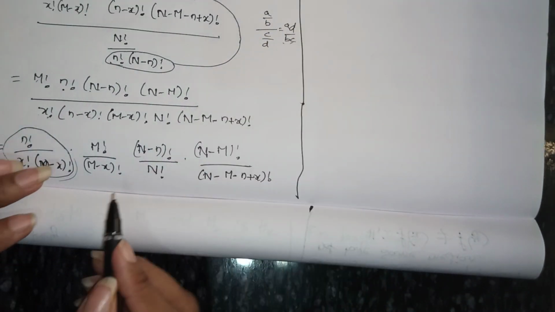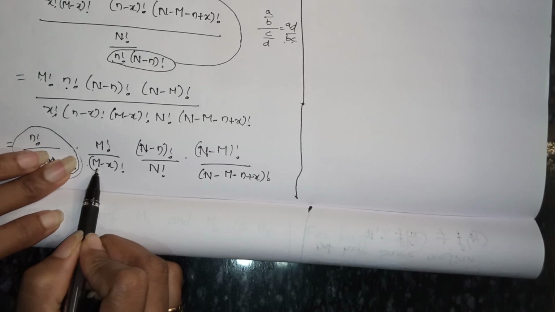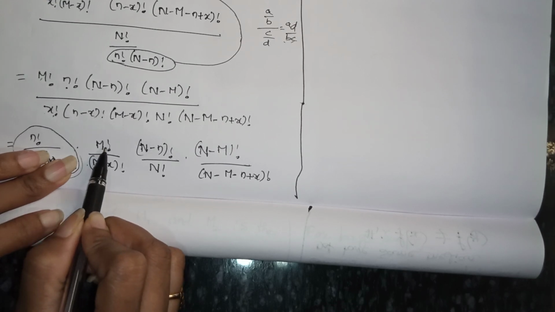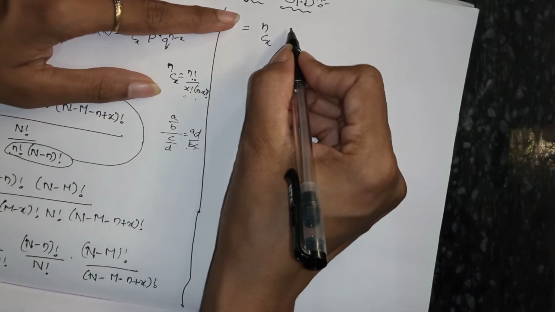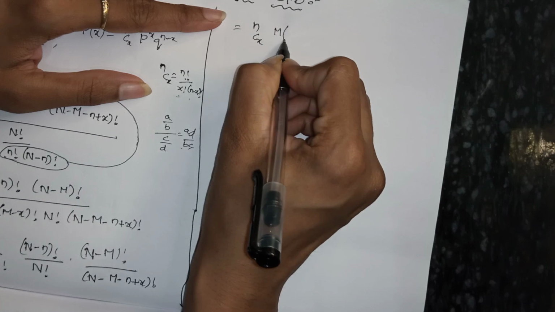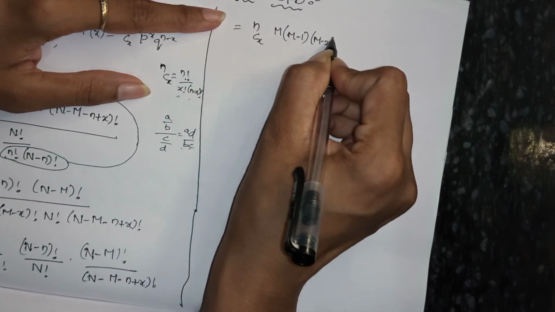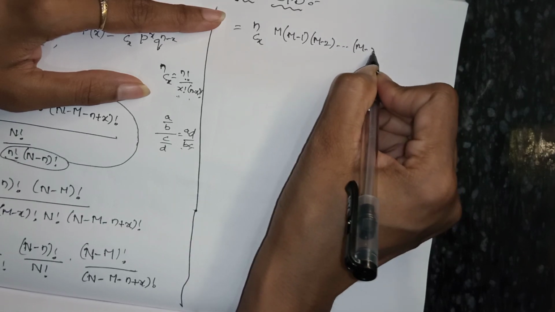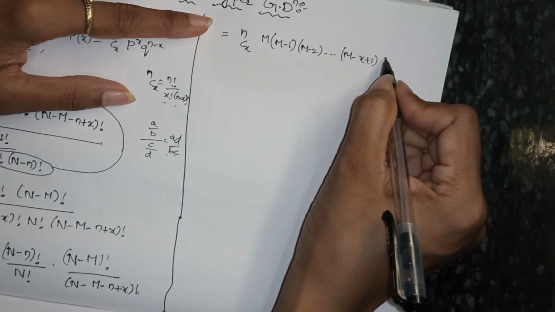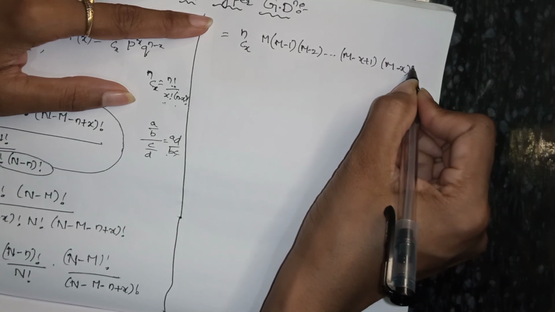Now we want to cancel this one. To do that, we have to extend this factorial. So M into M minus 1 into M minus 2 and so on, up to M minus x plus 1, and the next term will be M minus x factorial.